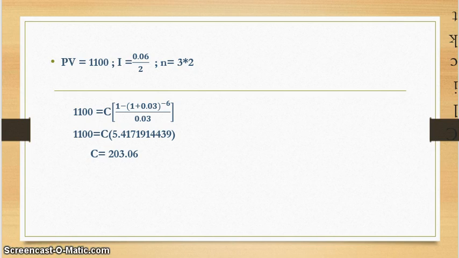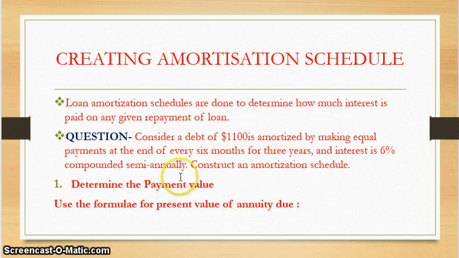or from our question, our present value is $1,100. Then our interest, we have to adjust our interest. We are given our interest as 6%, but we are told it is compounded semi-annually, meaning you are paying twice a year.